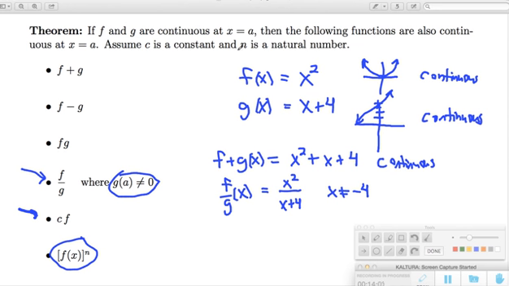Here we're assuming n is a natural number, so n is just 1, 2, 3, 4. So you don't have to worry about taking a power of a function. The only exception is if you're taking a fractional power, like for example square root, you do need to worry about that because you cannot take the square root of a negative number. So if you're looking at, say, a fractional power like square root of f of x, you need to be careful. You might not automatically have continuity.